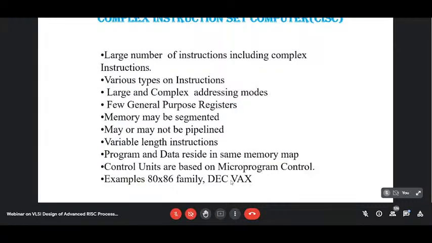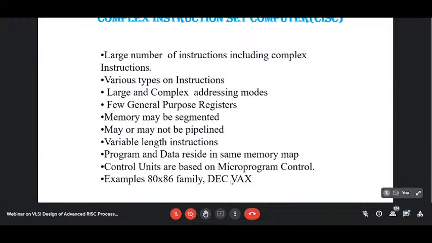So first, before going into the RISC architecture, now we are ready for designing the CISC processor. As we know, CISC stands for Complex Instruction Set Computer. Here the number of instructions is very large and complex, like your Pentium or DEC, this kind of computer systems.